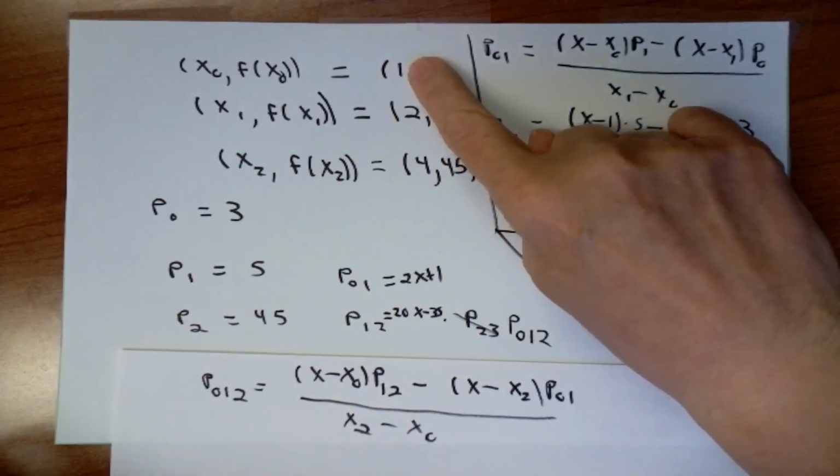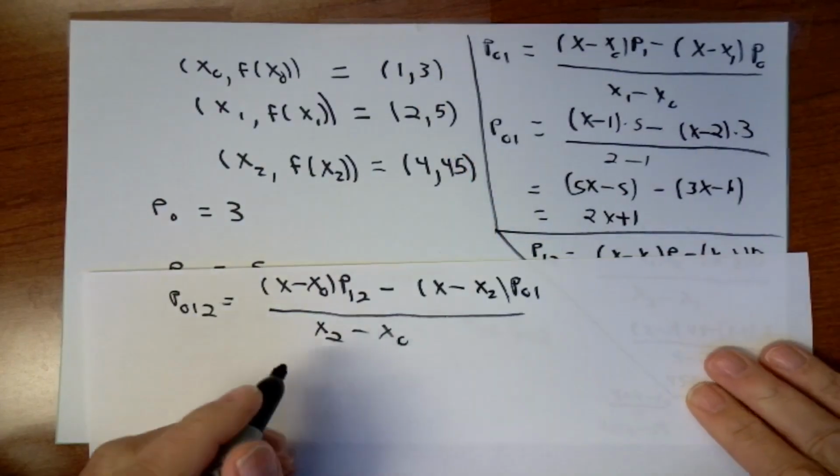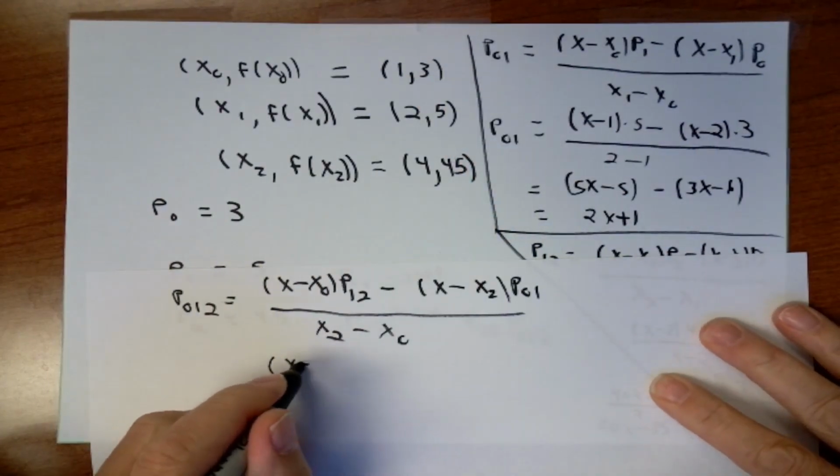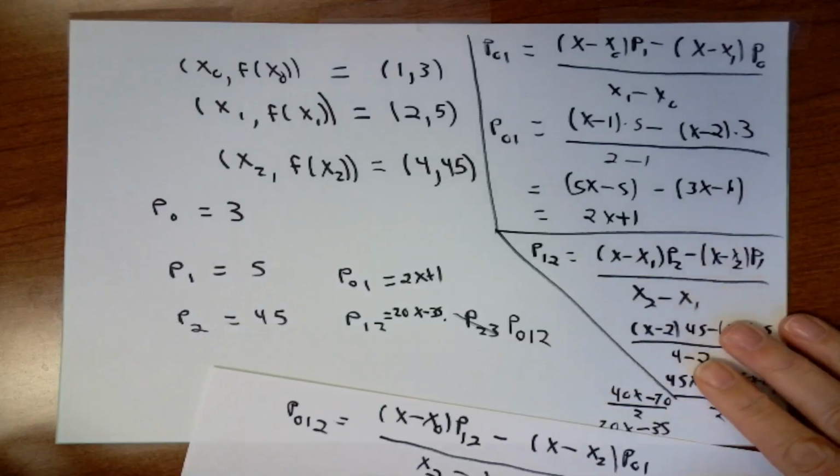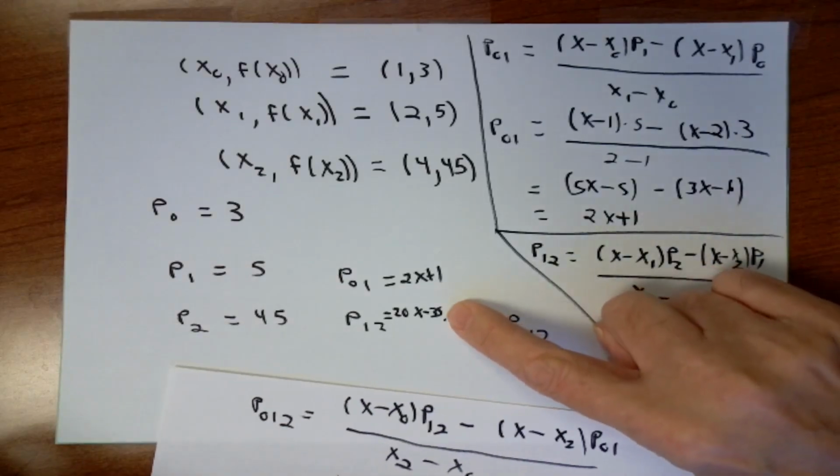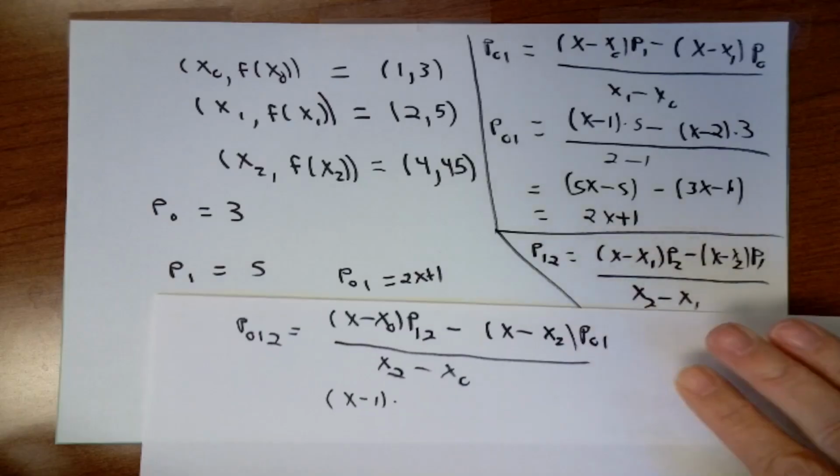X minus x0 is x minus 1. P12 worked out to be 20x minus 35.